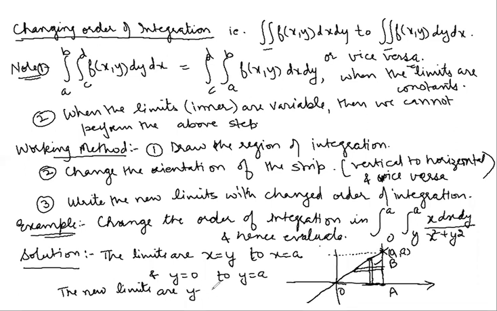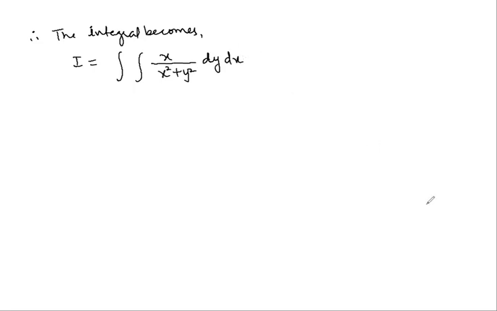It is y equals to 0 to y is equal to x, and where we started placing the strip, x equals to 0 up to which point? x equals to a, right? So therefore the integral becomes, ठीक है, क्या बना इसमें इंटीग्रल, I इज इक्वल टू हमारा इंटेग्रेंट था यहाँ पे x upon x square plus y square. Now it will be dy dx. Earlier it was dx dy.